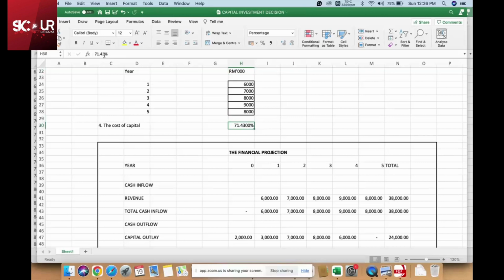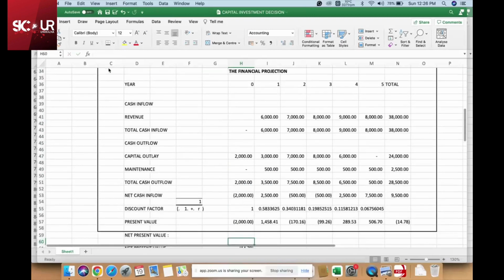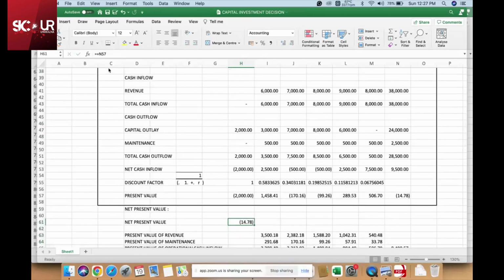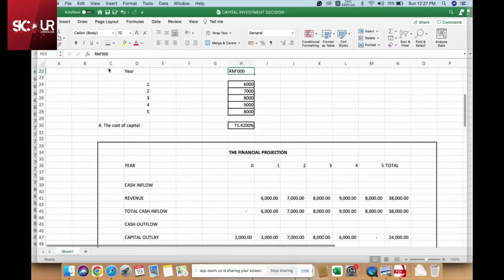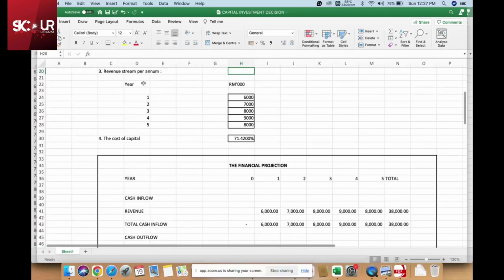So 71.42. Still negative. 71.42 still negative. So maybe it's 71.41.